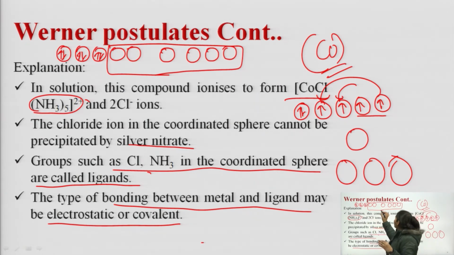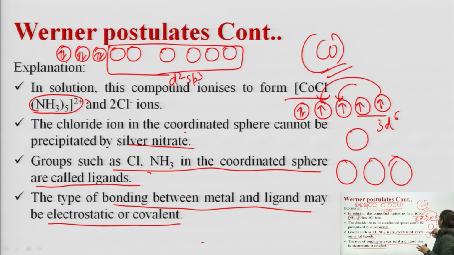The hybridization becomes d2sp3. In the classical theory it is 3d6 and s and p orbitals are completely vacant, but in case of complexation there is the movement of these electrons and two orbitals are completely vacant.